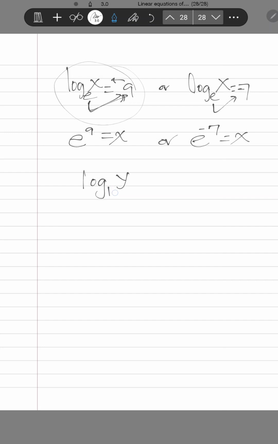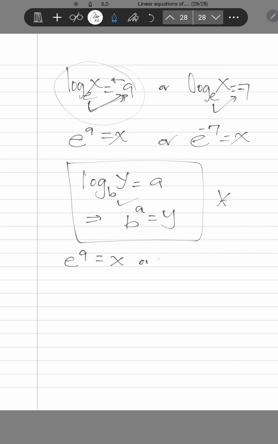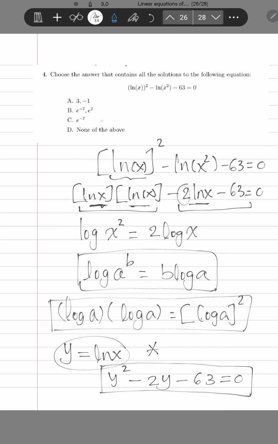Log y to the base b is equal to a implies b to the power of a is equal to y. We can convert from exponential into logarithm, and from logarithm into exponential, to solve problems. So this is just applying a formula. So e to the power of 9 is equal to x, or e to the power of minus 7 is equal to x.